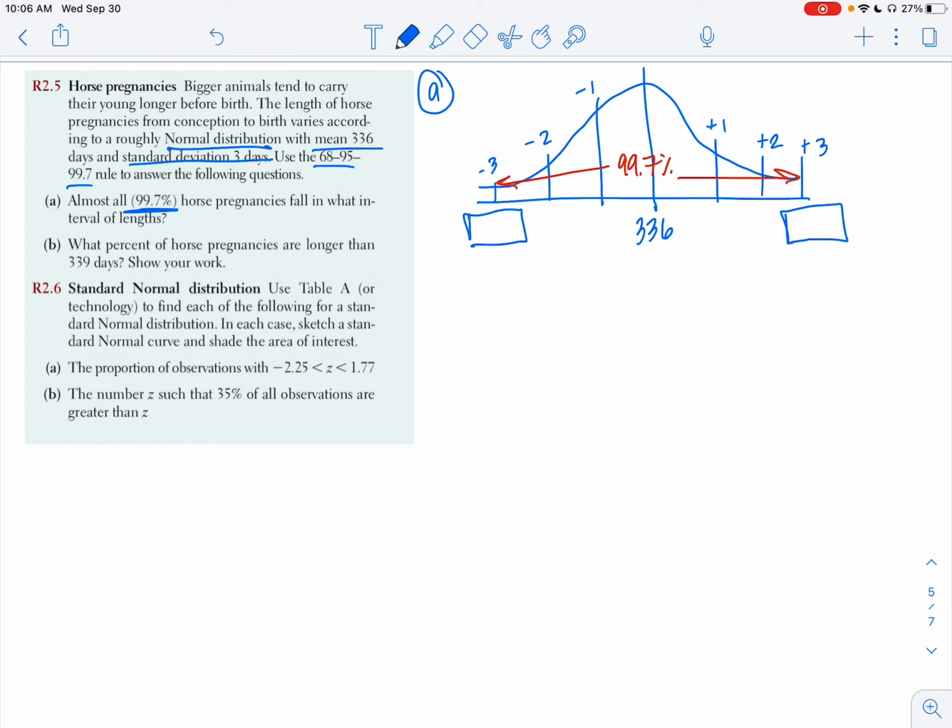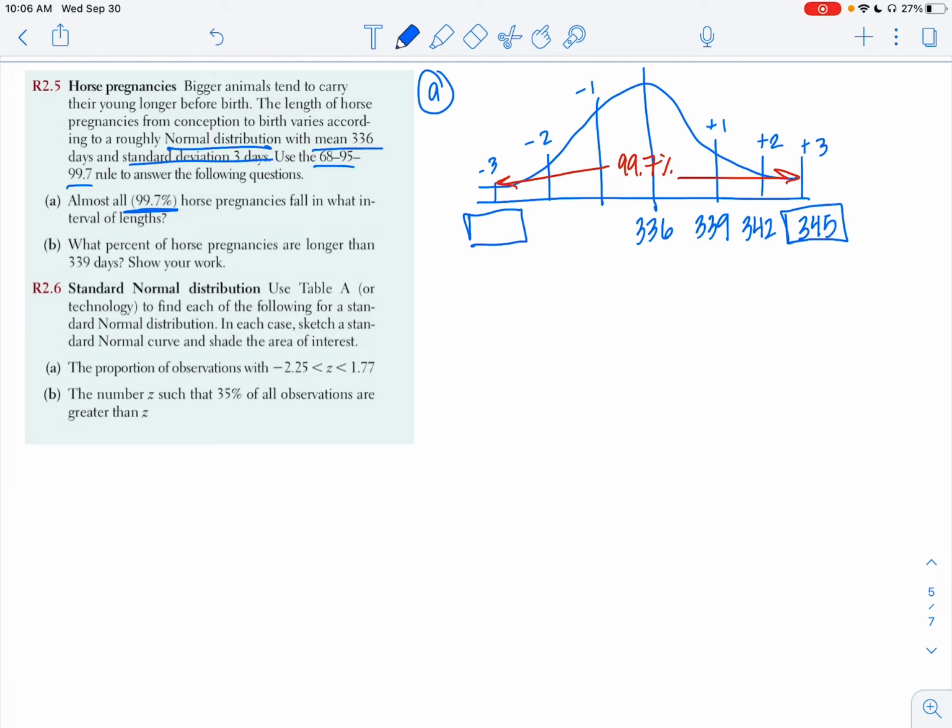If my standard deviation is 3 days, I'm just going to keep adding: 336 plus 3 is 339, 342, and then 345 will be our +3.